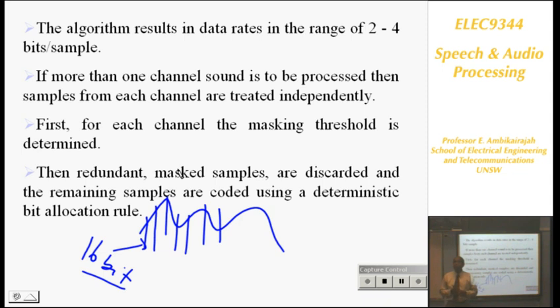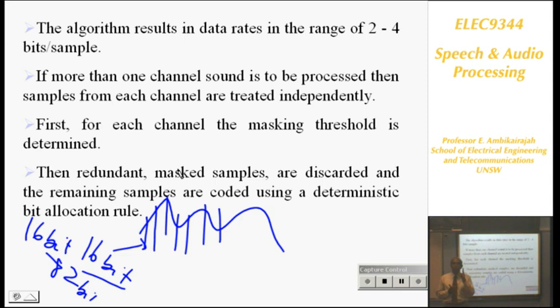Current techniques allow you to compress a 16-bit signal into 2 bits per sample. So you're going from 16 bits to about 2 bits per sample. MPEG does that very, very cleverly. But we think there's more redundancy left.